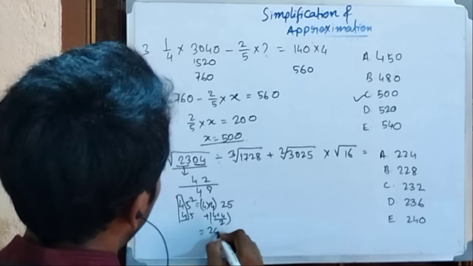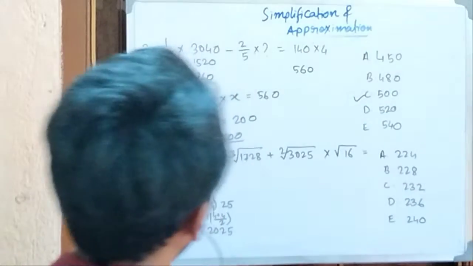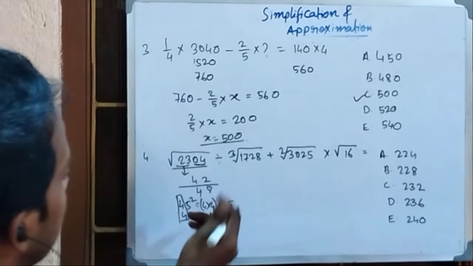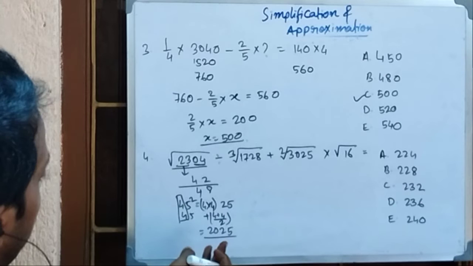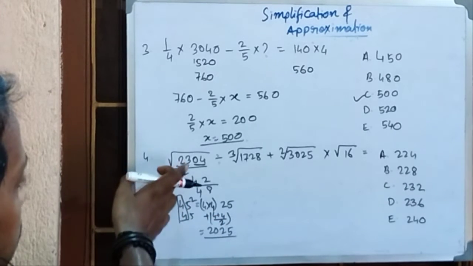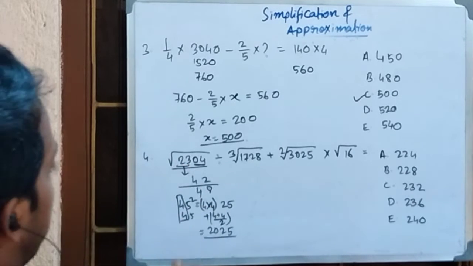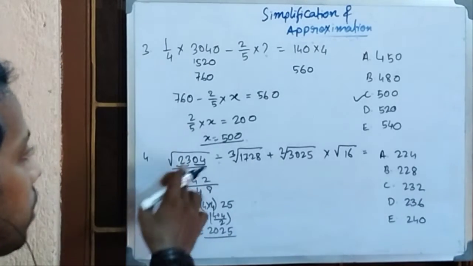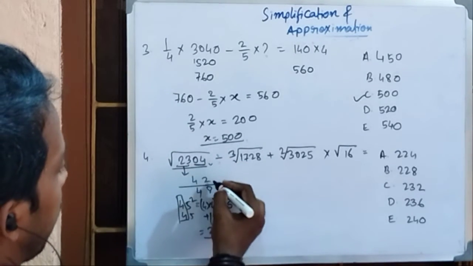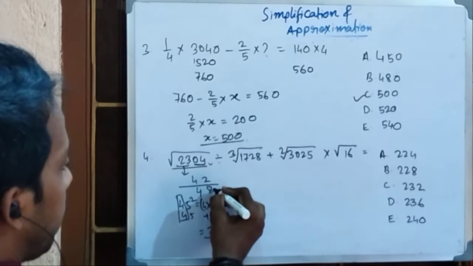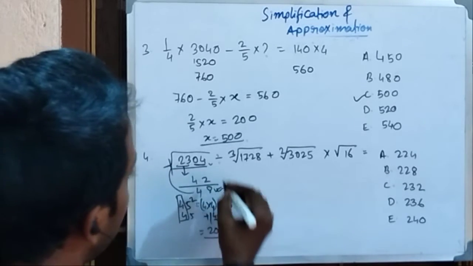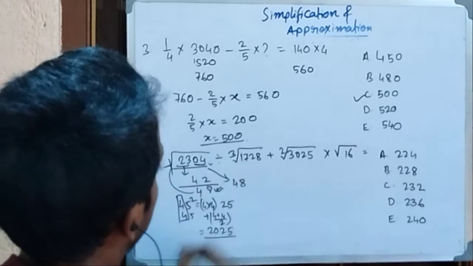So 2025. So 2025 is obviously less than 2304. So the value is obviously greater than 45. It is 48. So 48 is the square root of 2304, right? So 48 would be here.